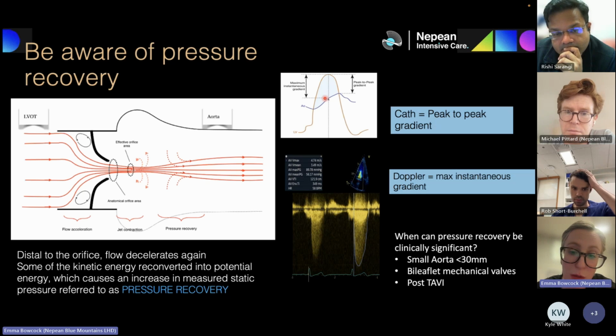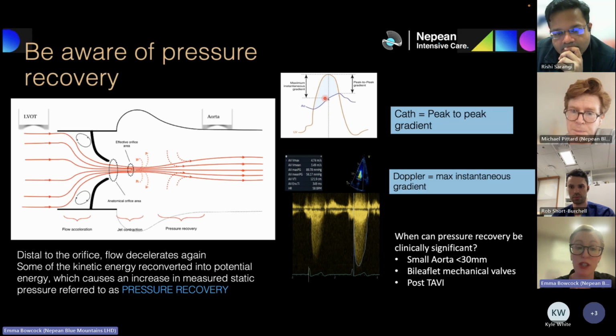However, there are times when pressure recovery can be clinically significant, and this is in patients that have bileaflet aortic valves, mechanical bileaflet valves in particular, because they get more pressure recovery, and so we tend to overestimate their gradients with just Doppler alone.